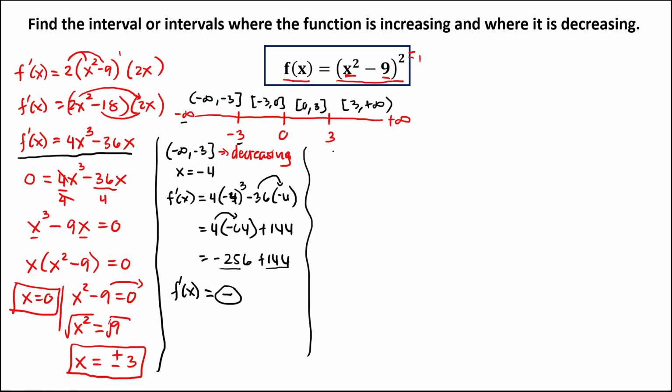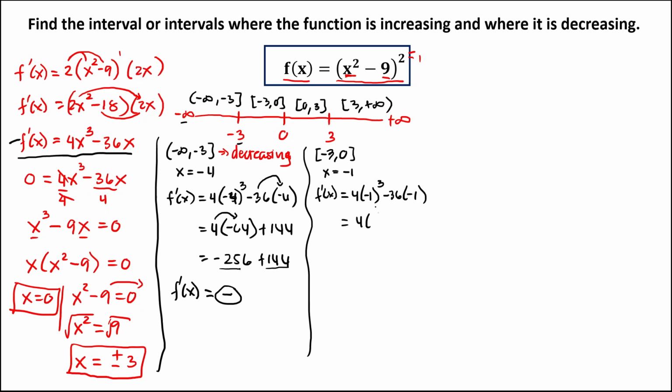Then for the second interval, negative 3 to 0, we let x be a number between negative 3 and 0, so we let x be negative 1. From this first derivative, we have 4 times negative 1 to the power 3, then negative 36 times negative 1.